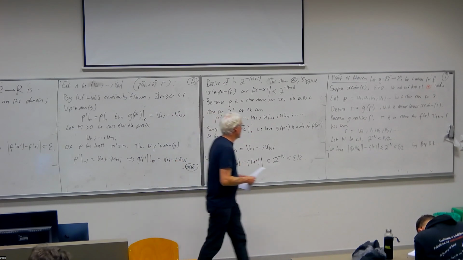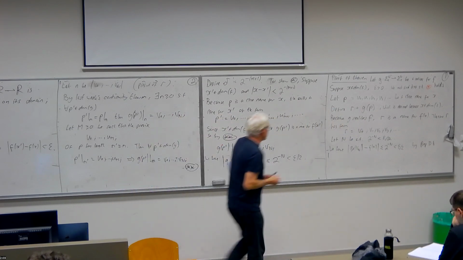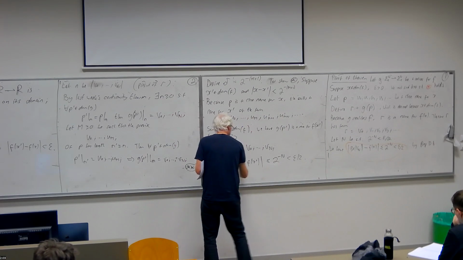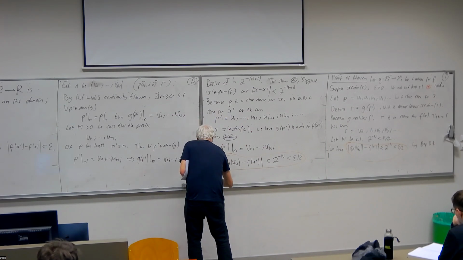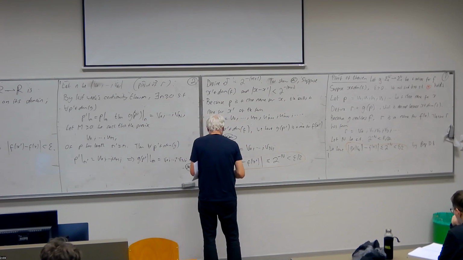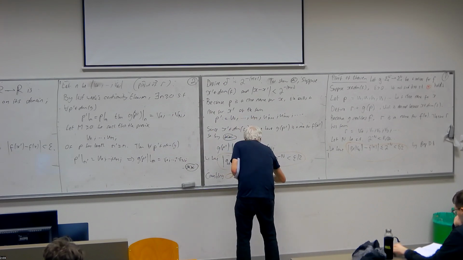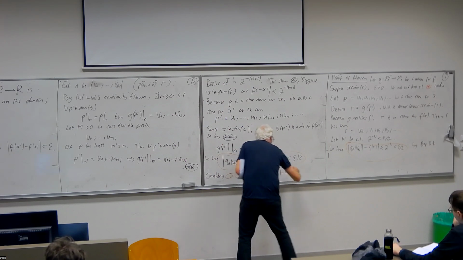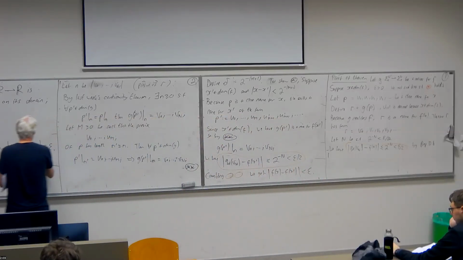So combining this and this, the two orange bubbles, the distance between f of x and f of x prime is less than epsilon. And that's exactly what we needed to show.